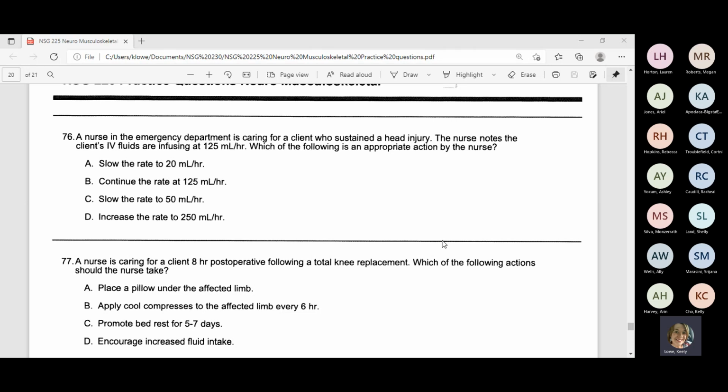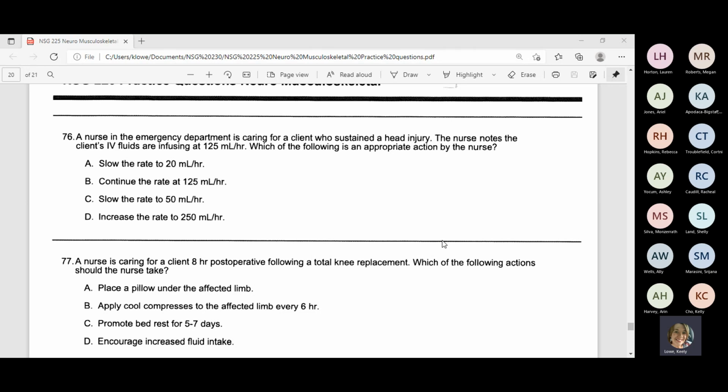I would say 125 an hour is quite a lot of fluid. We're giving that to somebody who's probably dehydrated, post-surgery. So continuing the rate, it's told us that they may have increased intracranial pressure, so continuing the rate probably wouldn't be good.